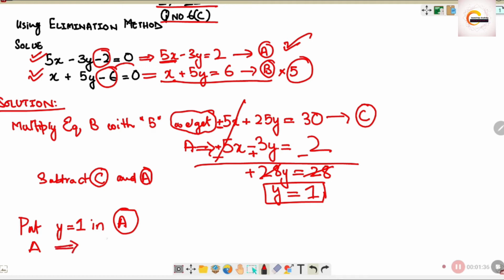So it's 5x minus 3. Instead of y, I am going to put 1, is equal to 2.